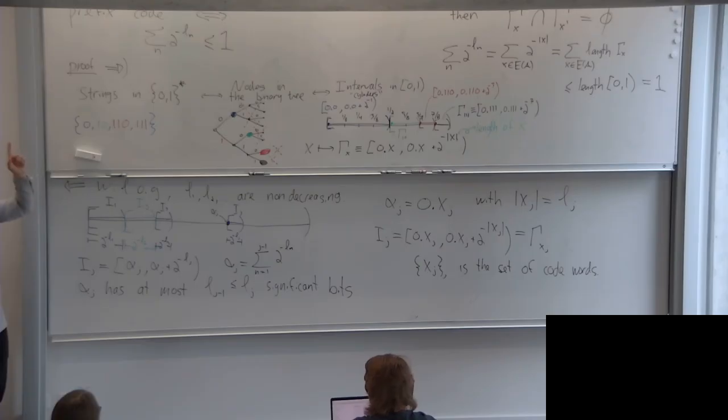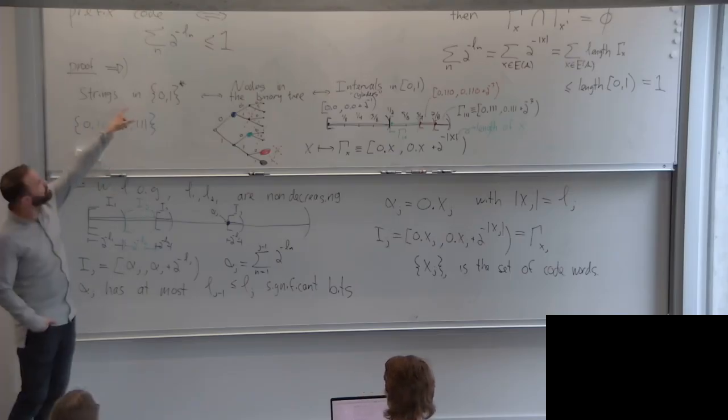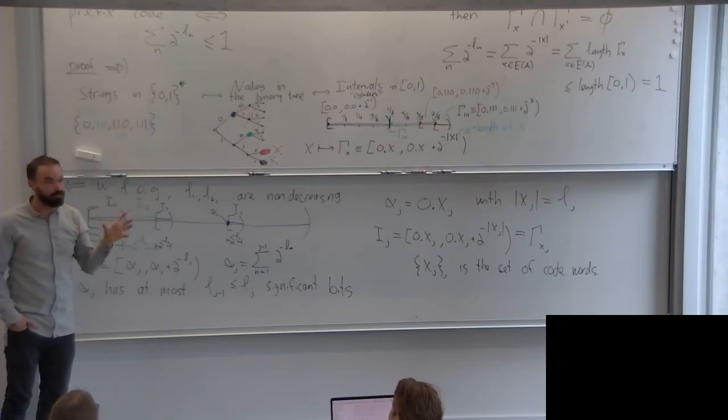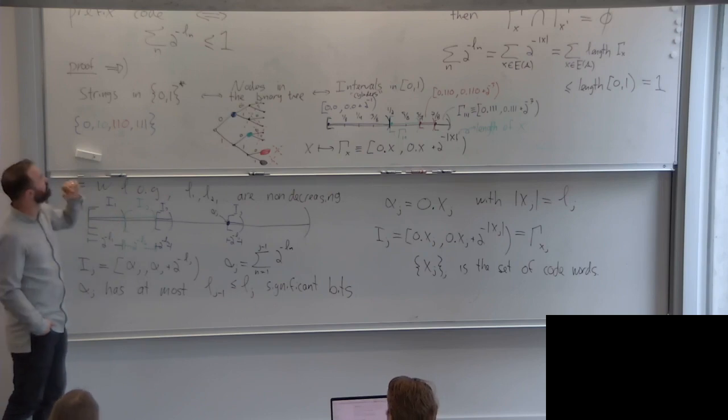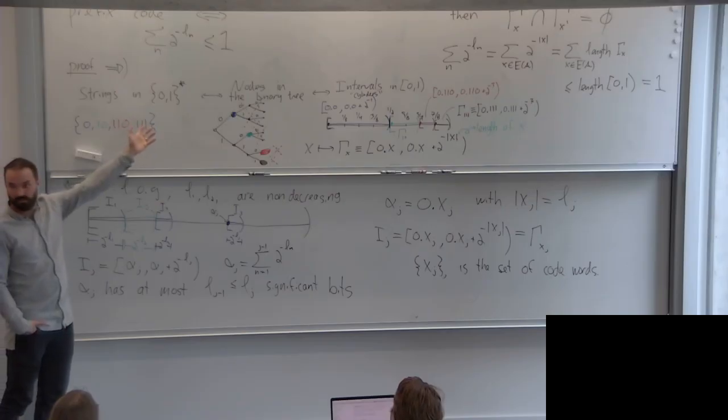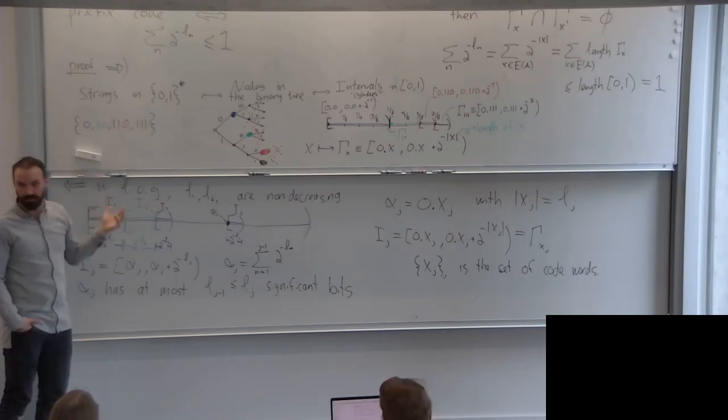What about the Li's being 0, 1, 2, 3, 4, 5, 6, 7, 8, 9, 10, and so on? Li is equal to i. This time i starts with 0, it goes to infinity. So the sum of 2 to the minus i is equal to 1. So it fulfills the Kraft inequality.